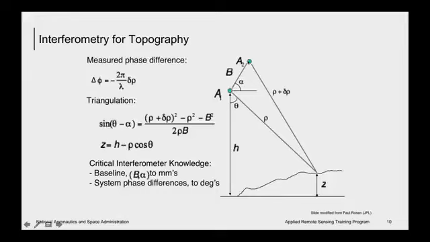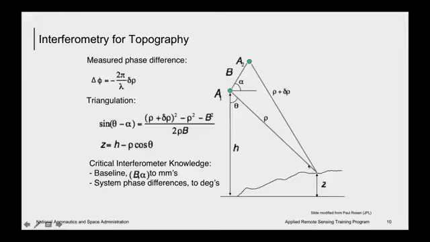We have two different antenna locations, A1 and A2. With the Shuttle Radar Topography Mission, we had the space shuttle at one location and a long boom, 60 meters long, with the second antenna located at the end of the boom, giving a baseline. B is for baseline here, a distance of 60 meters between antenna 1 and antenna 2.